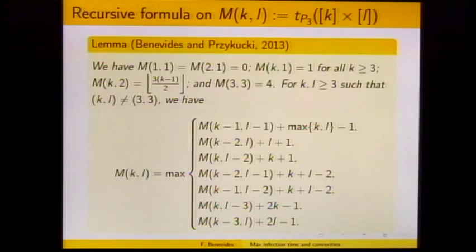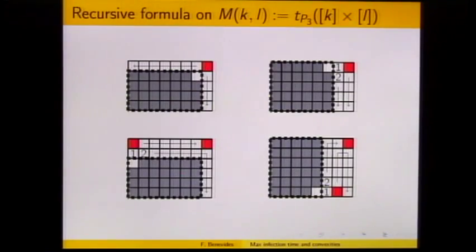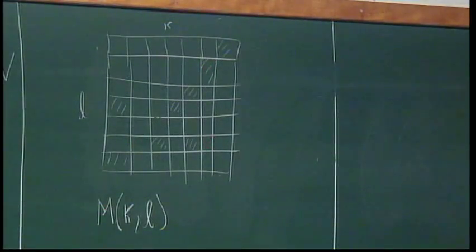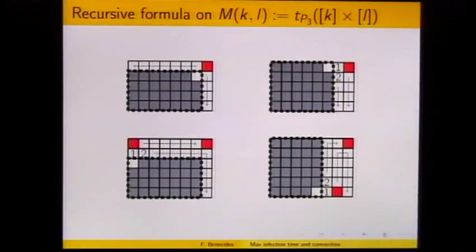We proved that in order to infect the whole thing in the slowest time, what happens in the last step must be one of these 4 figures or rotations of those figures. This means that you first infect this gray area in such a way that the last vertex to be infected in this gray area is this white one.